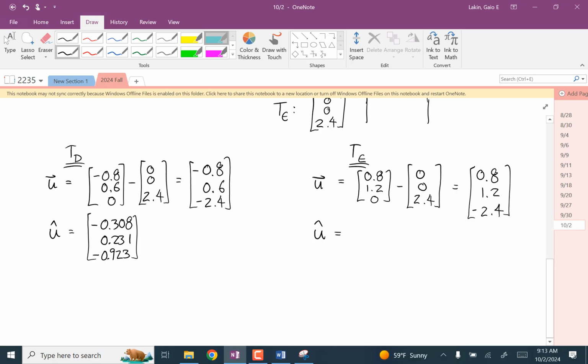Okay, so for this, I got positive 0.286, 0.429, and negative 0.857.